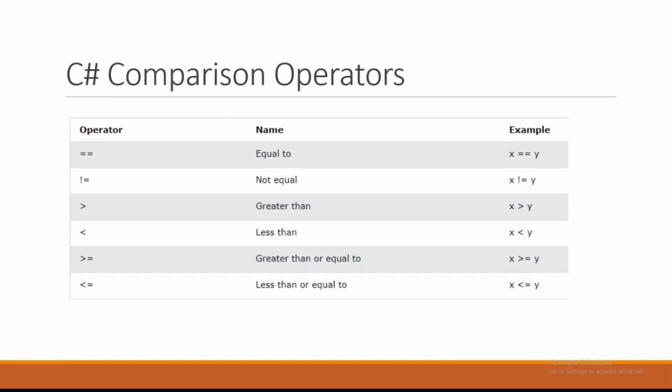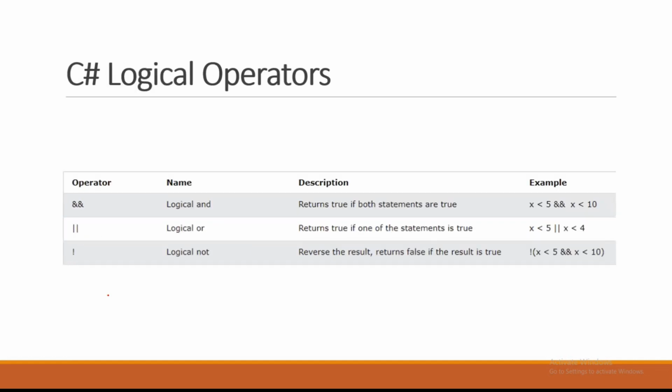Comparison operators, the double equal, we use in conditional operators: equal, not equal, greater than, less than, greater or equal, less than or equal, that we can use in C sharp code.